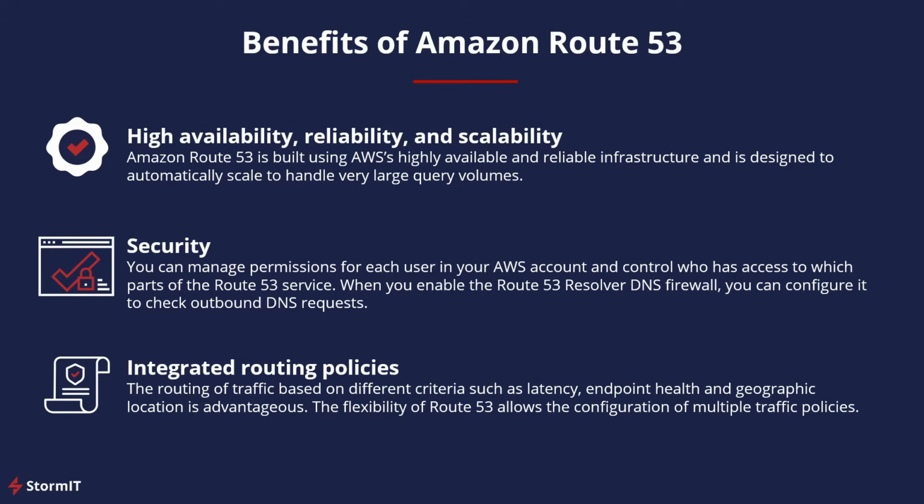Second is that it's secure, so you can manage permissions for each user in your AWS account and control who has access to which parts of the Route 53 service. And also, when you enable the Route 53 Resolver DNS firewall, you can configure it to check outbound DNS requests against a list of known malicious domains.